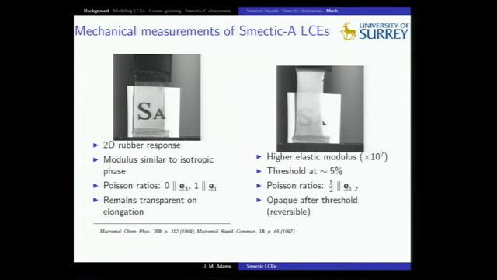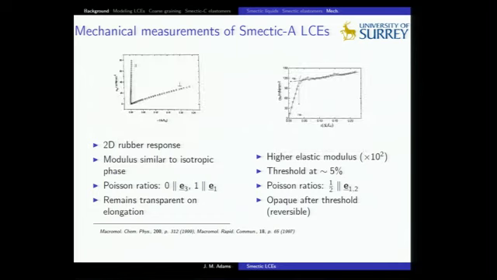Whereas if you stretch parallel to the layer normal, then the sample becomes opaque, which is associated with this buckling transition, and you have Poisson's ratios of 1/2 in the two directions perpendicular to the stretch axis. So the sample is contracting isotropically in this direction and in the plane of the board.